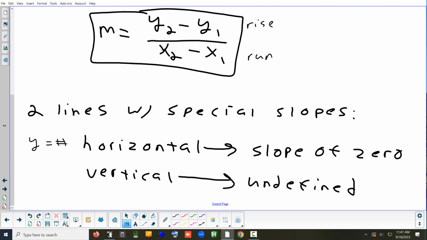That's how you draw a horizontal line. How about when you want to draw a vertical line? What letter do you put on the left? X. Okay, so these are special cases. We cannot draw vertical lines on the calculator. The calculator can only do horizontal, and then it can do slanted, but it can't do vertical, because vertical lines fail the vertical line test, and the calculator can only draw things that pass the vertical line test.